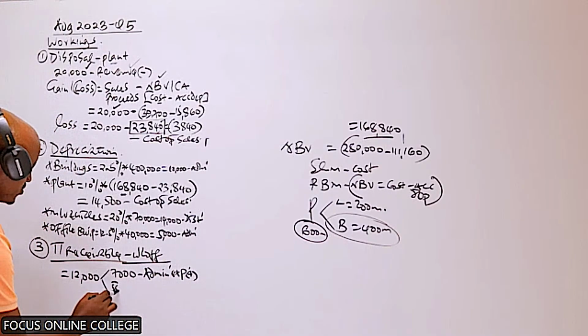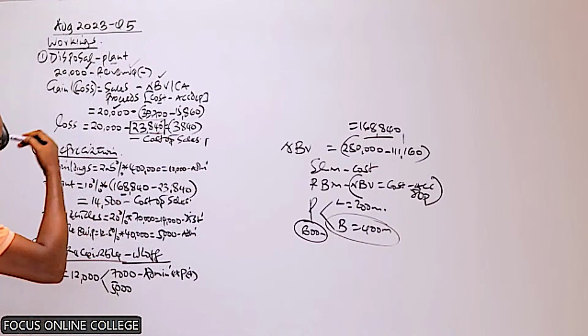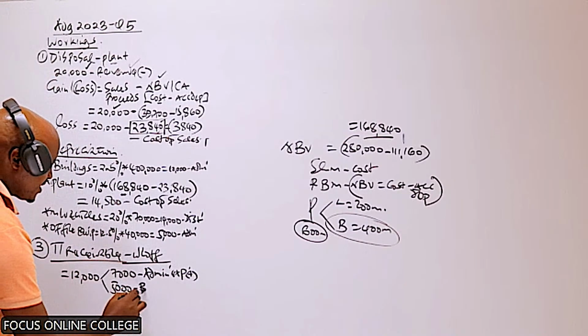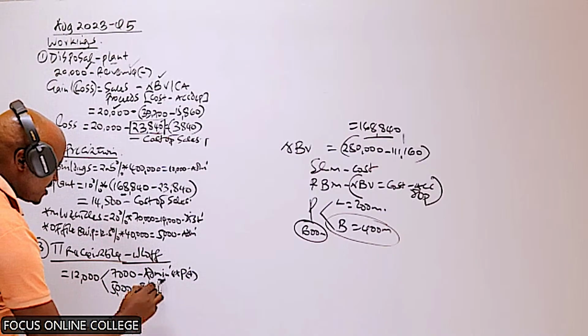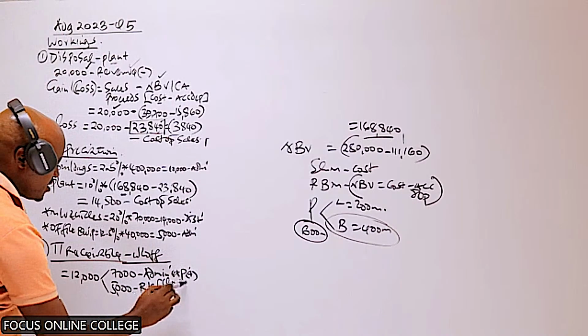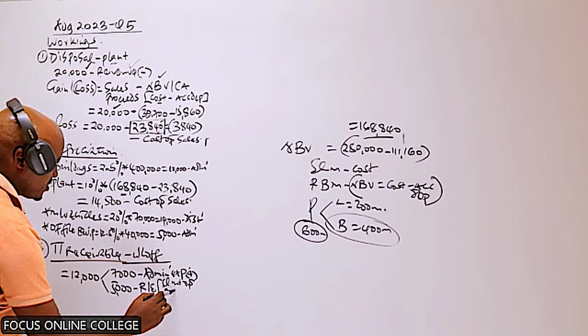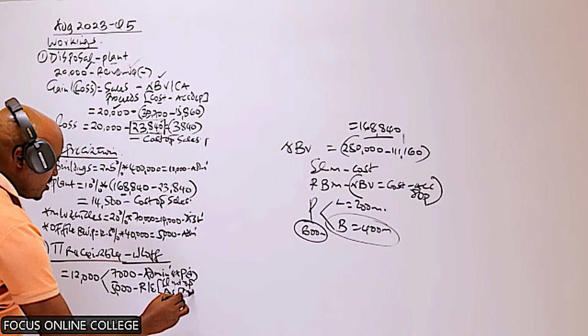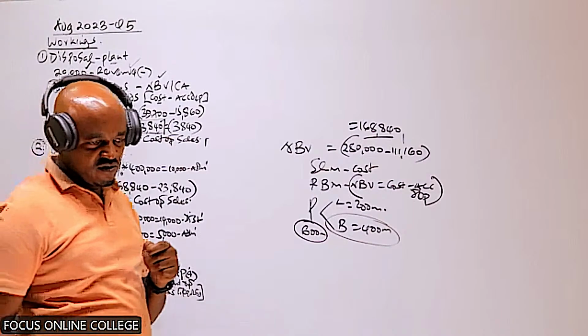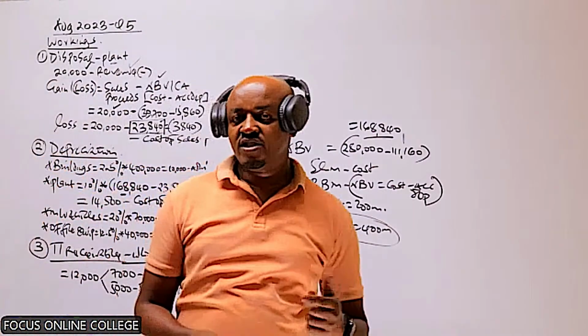And then the other amount, which is 5,000, which relates to the previous year, this one will be adjusted in the retained earnings when preparing the statement of changes in equity. If you can recall, in our previous class, I gave you the format for preparing this statement of changes in equity.